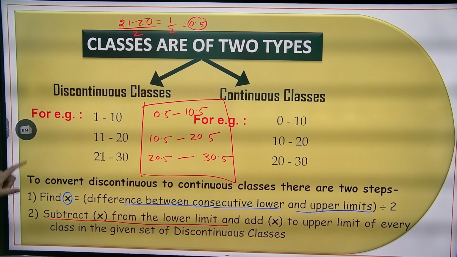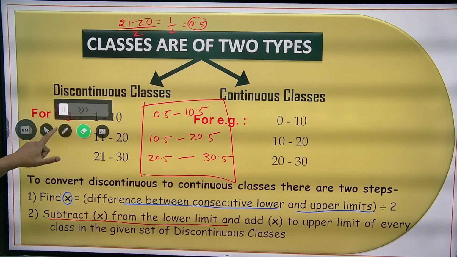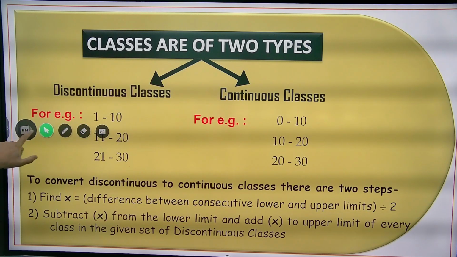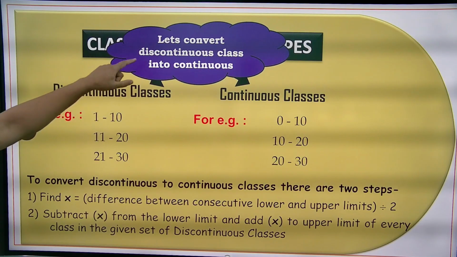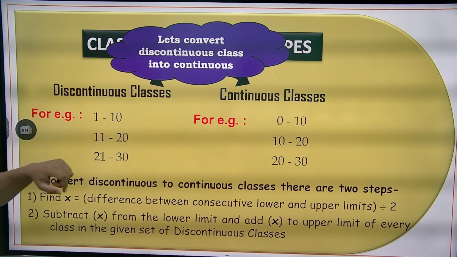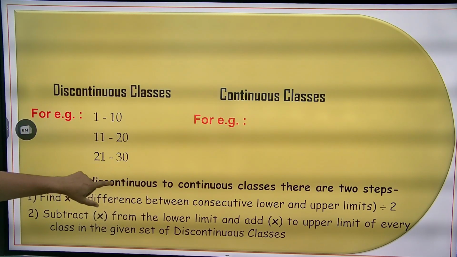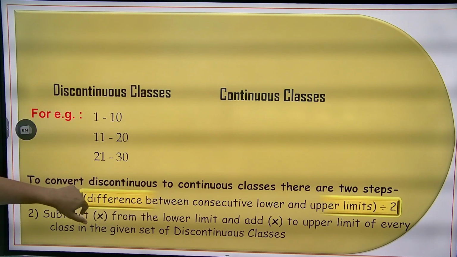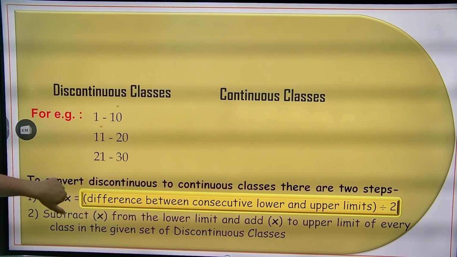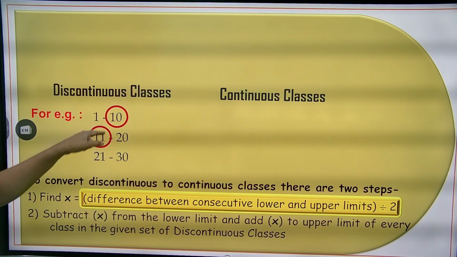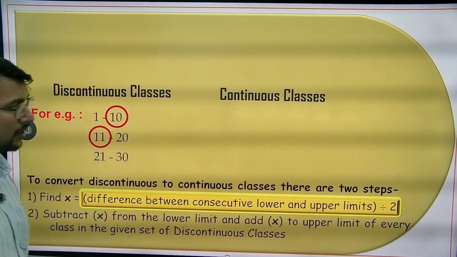So next we are moving. You see here how it has become continuous. Now say let us convert discontinuous classes to continuous classes. We have already converted, but here you see as per example, difference between two consecutive lower and upper limit divided by 2. These two क्या है? Consecutive upper lower.